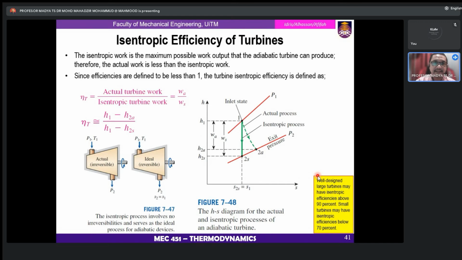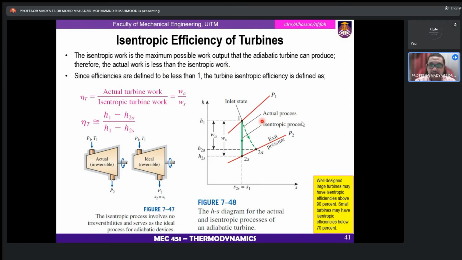As you see here, the isentropic work is the maximum possible work output that the adiabatic turbine can produce. Therefore, the actual work is less than the isentropic work.